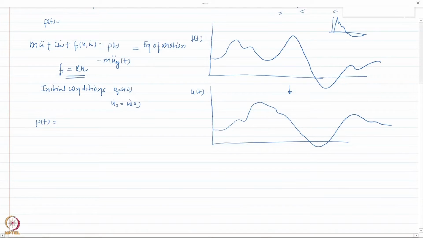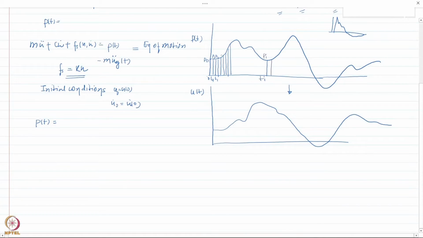We represent our force in discrete values, separated by simple time steps. So let us call this p0 here, p1, p2, and so on at time t equal to 0, t1, t2, and so on. At any time, let us say it is step i, so the time is ti and the value is pi.